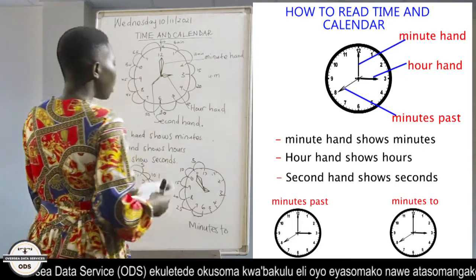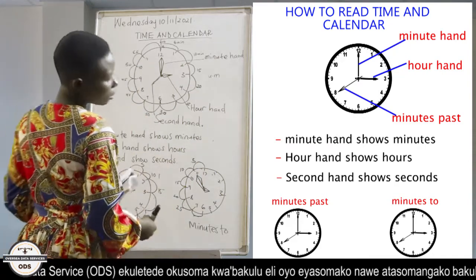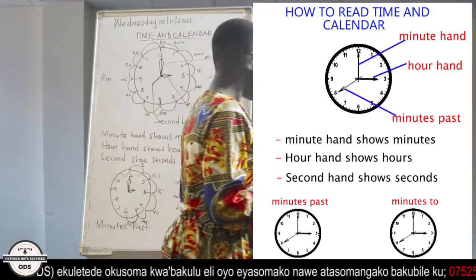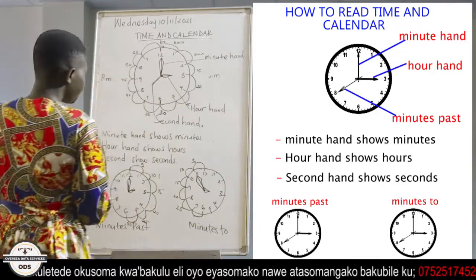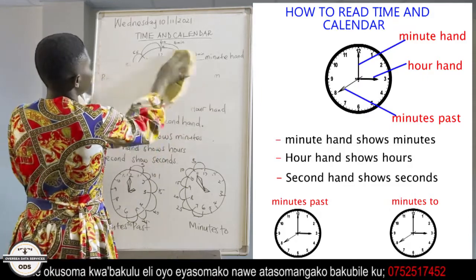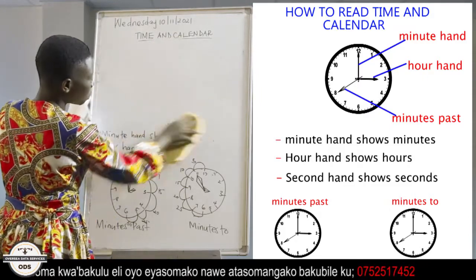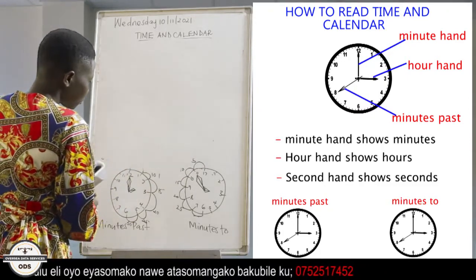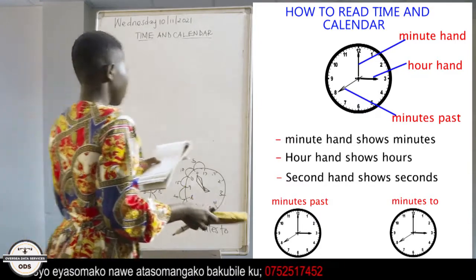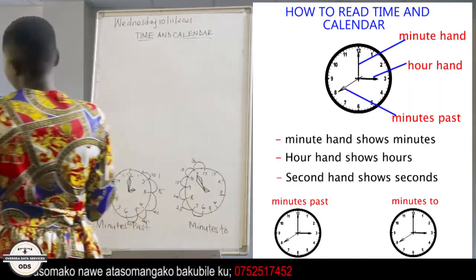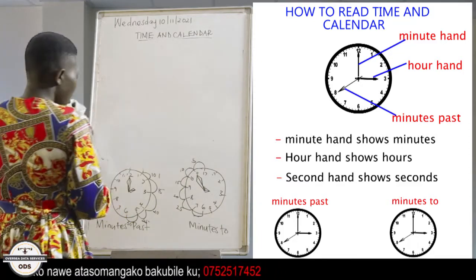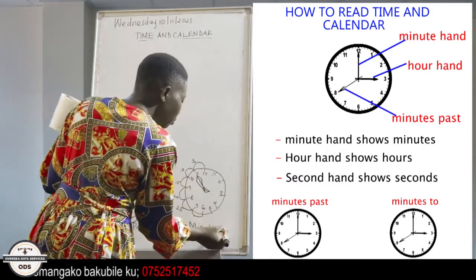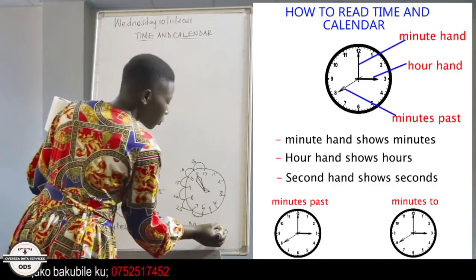Then minutes to we count in the anti-clockwise direction. Knowing minutes past and minutes to will help us to read and write the time correctly.